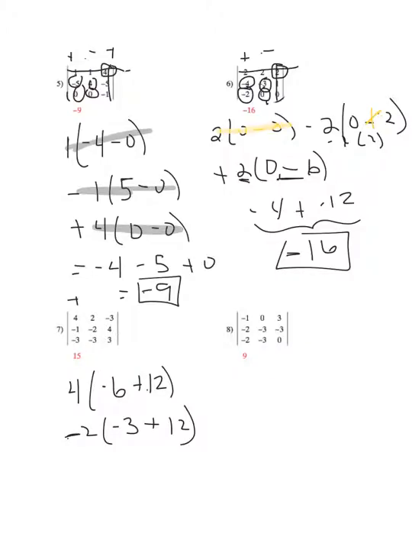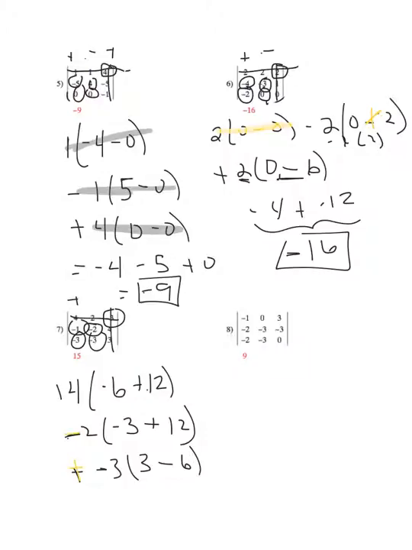Okay, and now I'm going to do the last one. The last one is negative 3, so plus, so it's plus minus plus. Okay, so it's negative 3 times, get rid of its row and column. The determinant is negative 1 times negative 3 minus negative 2 times negative 3. So let's see what we have here.